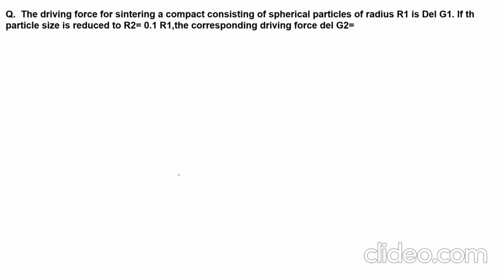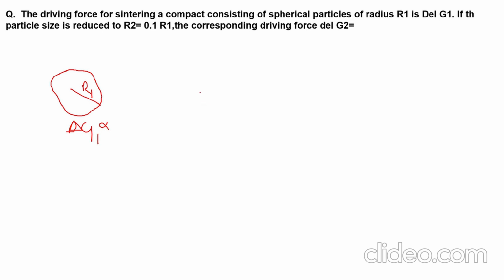Then we have another question that says the driving force for sintering a compact consisting of spherical particles of radius r1 is delta G1. So we are trying to compact spherical particles in which the radius of the sphere is r1, and the corresponding driving force will be delta G1.